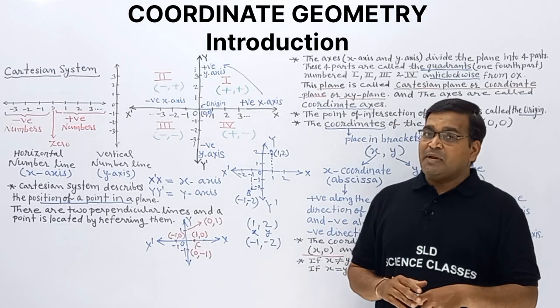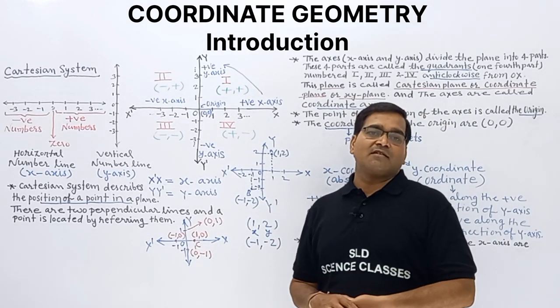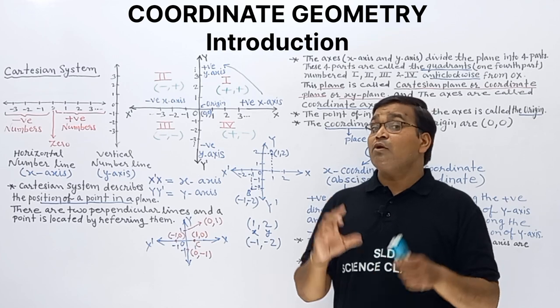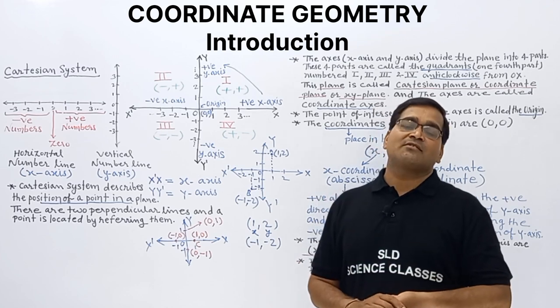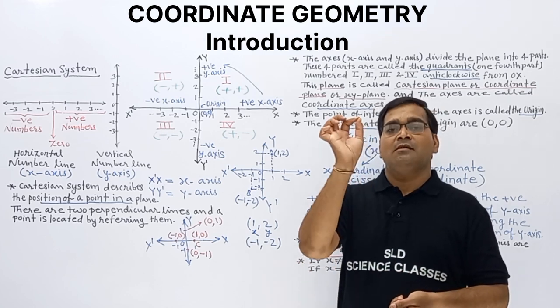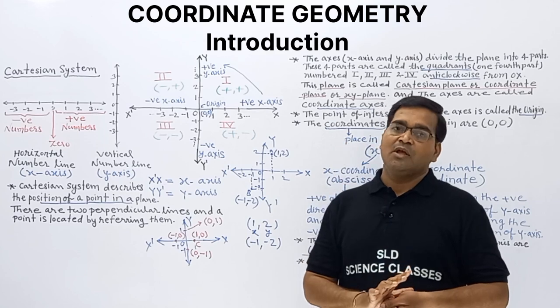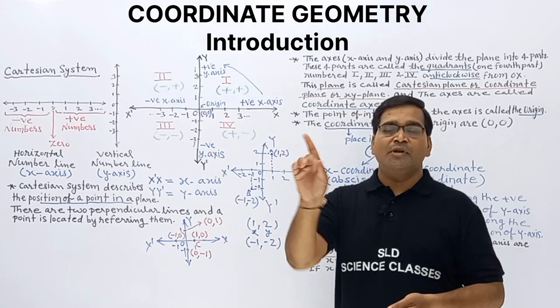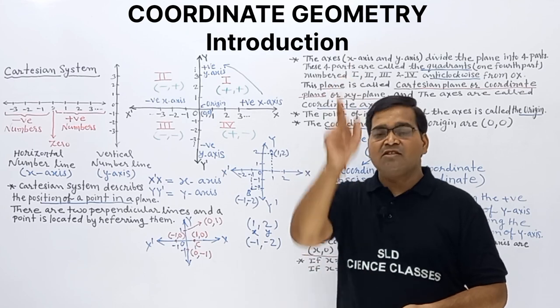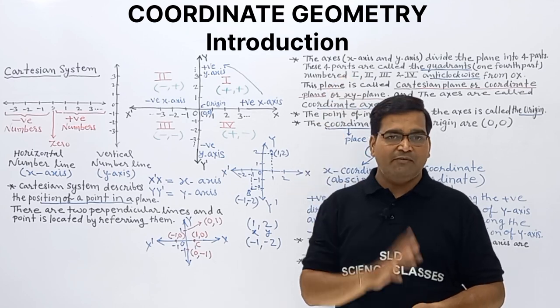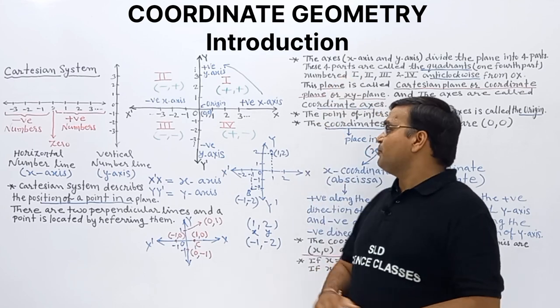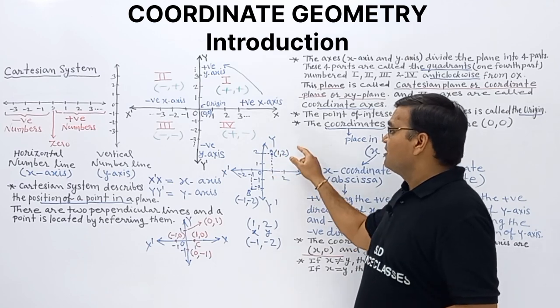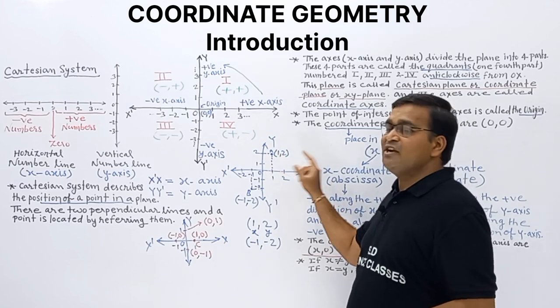So I am explaining all possibilities for reading or writing coordinates of a point in a plane. If the point is on the x-axis, then the y coordinate will be 0. If the point is on the y-axis, then the x coordinate will be 0. If the point is in the first quadrant, then both coordinates will be positive.